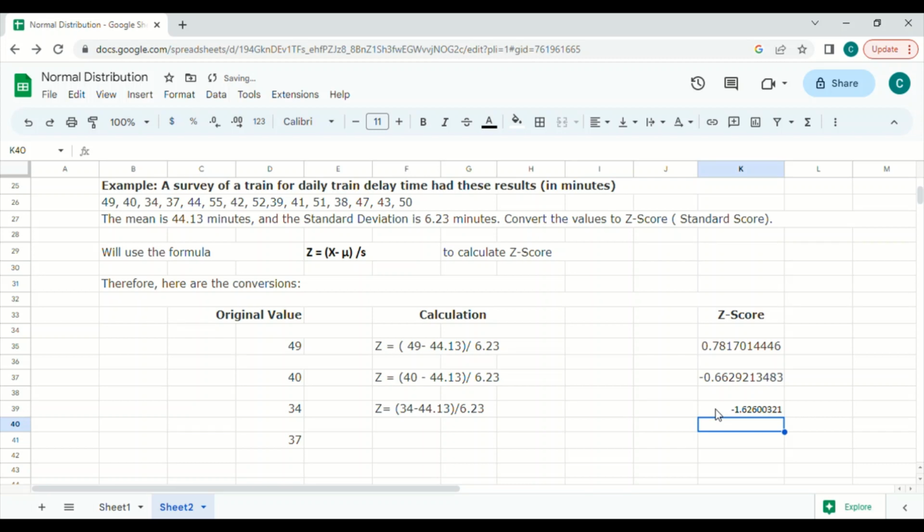Press enter, we'll get the z-score value, which is minus 1.62.